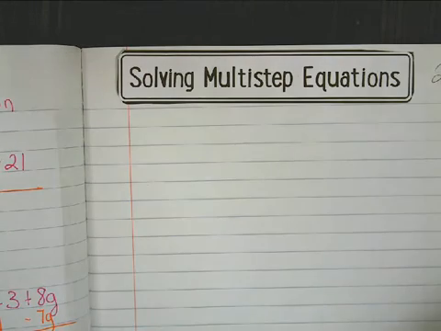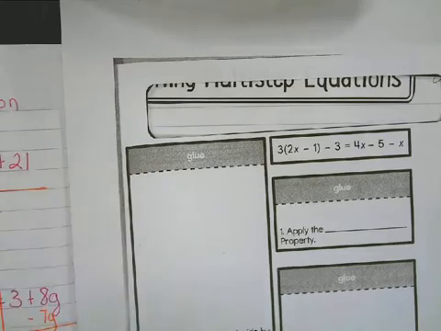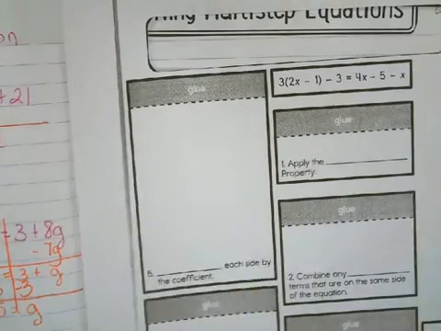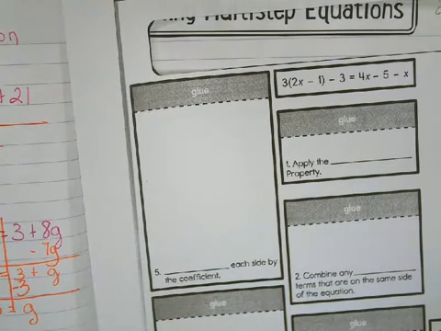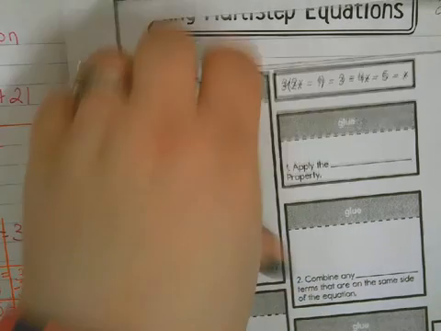The next one I want you to cut out, it says glue at the top, but then at the bottom of it, it says number 5, then blank each side by the coefficient. So that's what you're cutting out next.